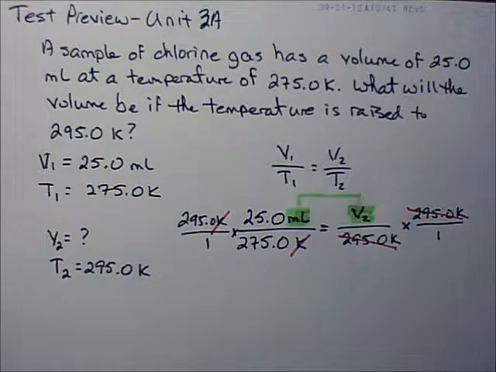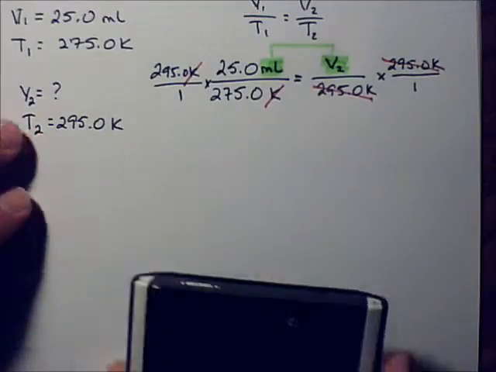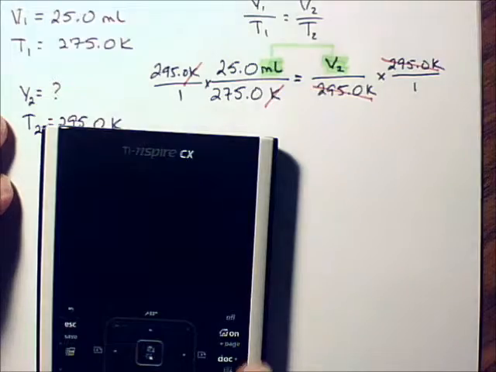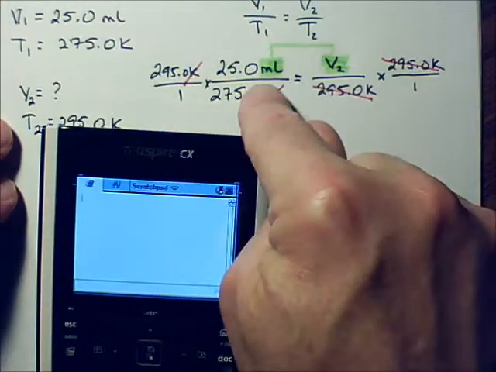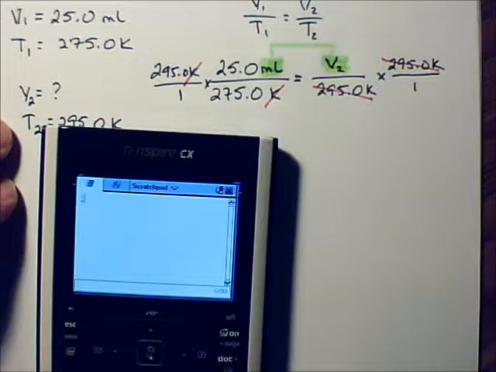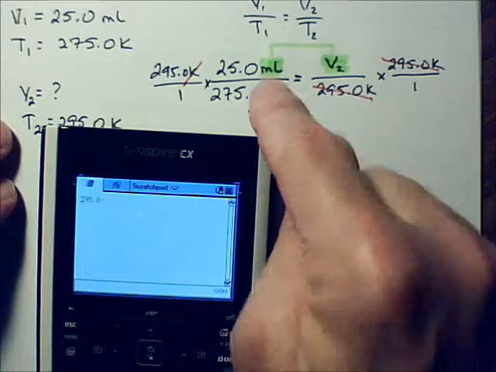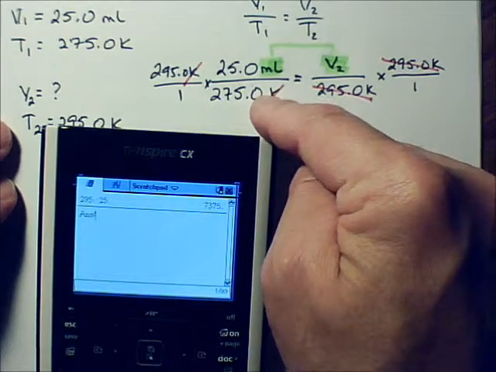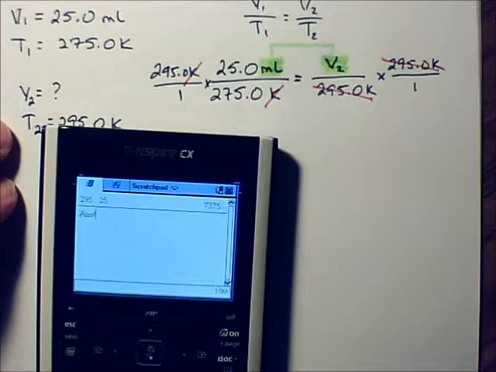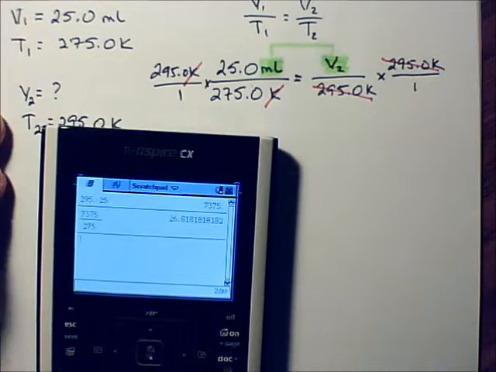So we're ready to do the math now. The way we do the math is to multiply what's across the top, 295.0 times 25.0, hit enter, then hit the divide button and put in the bottom number, 275.0, enter, and we get this number.